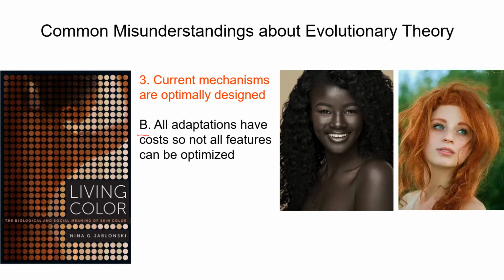And the reason I am talking about skin tone here is because skin tone is a very good example of that. Darker skin tone specifically has a very big advantage: it protects us from the sun.